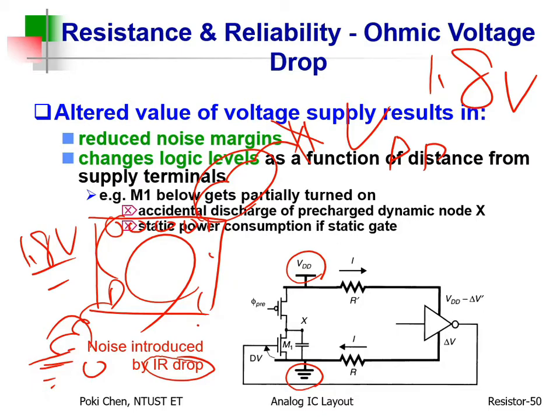Even worse is not the bonding wire. Even worse is the wire from the I/O pad to your real circuit in the middle, right? So from the VDD pad to your core circuit, from the ground pad to your circuit, usually you need to use metal line for routing, to route a long way.